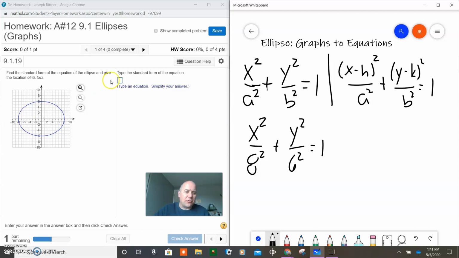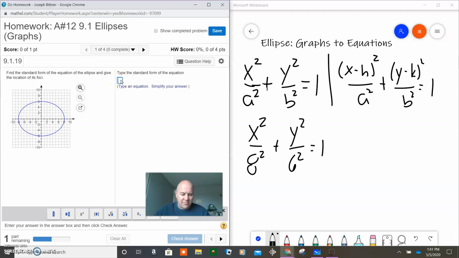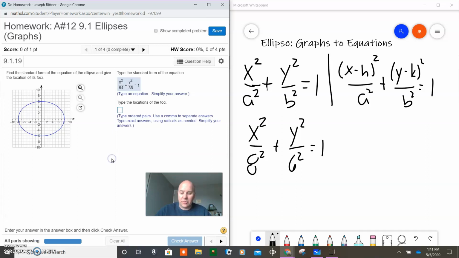Now, I'm going to assume that my math lab does not want the squared in there, so let me write that as a fraction. I'm going to go ahead and write that as x squared over 64 plus y squared over 36 equals 1, which is the standard form. Check my answer, there's my solution.